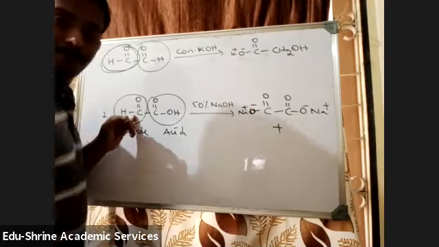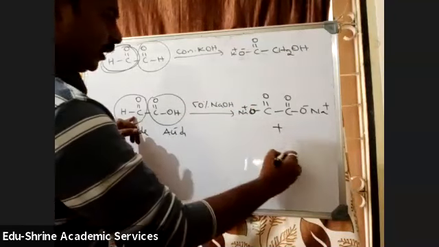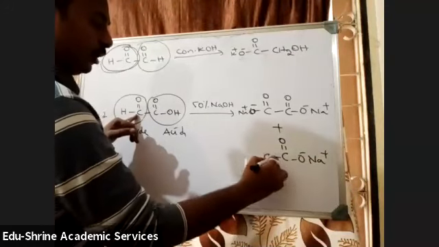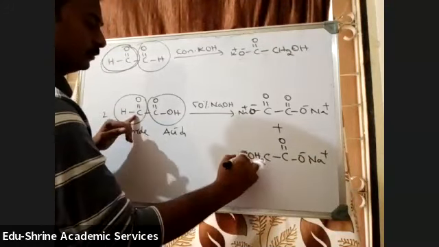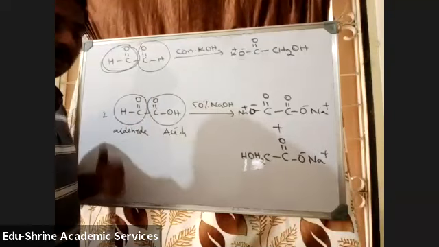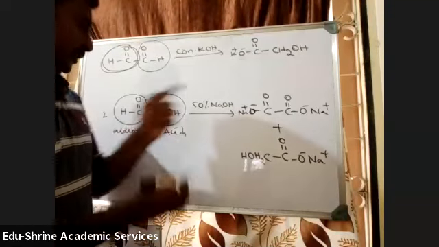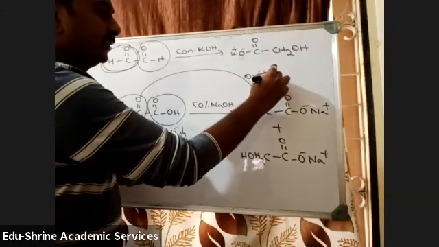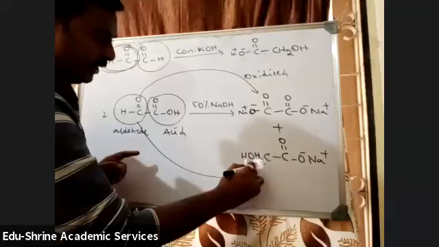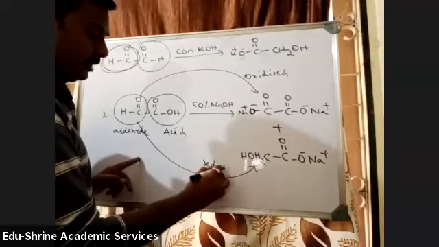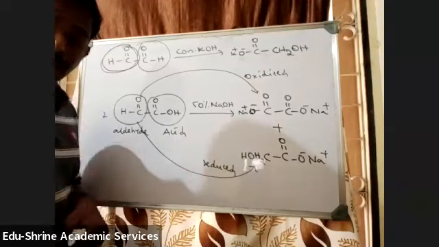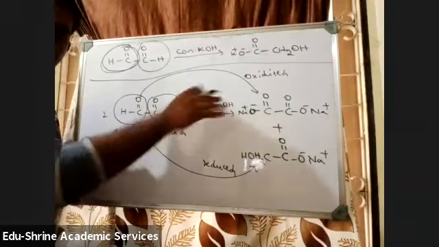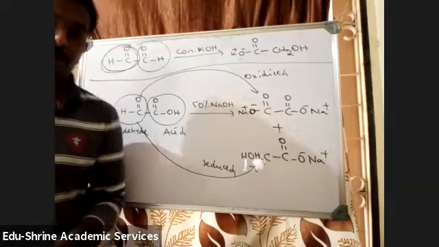This is one product, and the other product must be the reduced product: O minus Na plus, and this will be reduced to alcohol, CH2OH. This part is oxidized and this part is reduced. So you need 2 moles of this compound, definitely. It is not an example of intramolecular reaction. I'm just asking you in the form of a question: what will be the products formed?